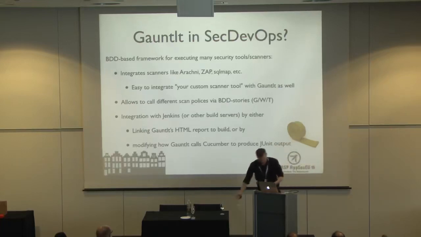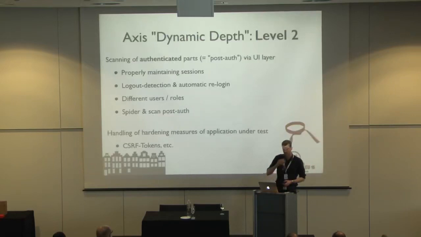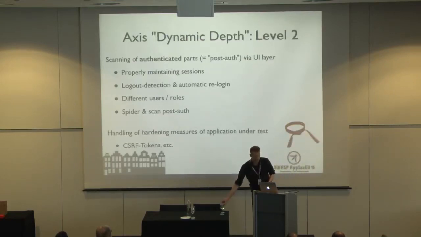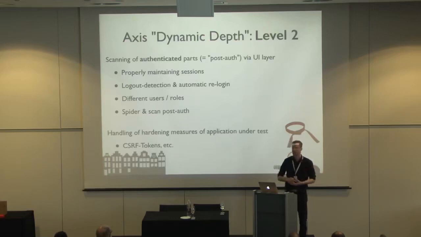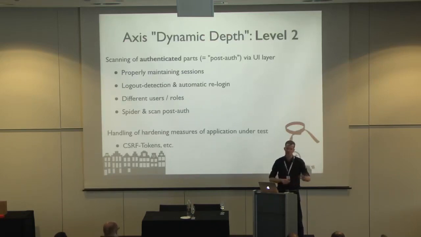So what about the next, the orange belt? So level 2. That's basically about scanning in the authenticated parts of the application via the user interface layer. So it's about scanning post-auth and more deeply into the application's attack surface than only the public parts of it.